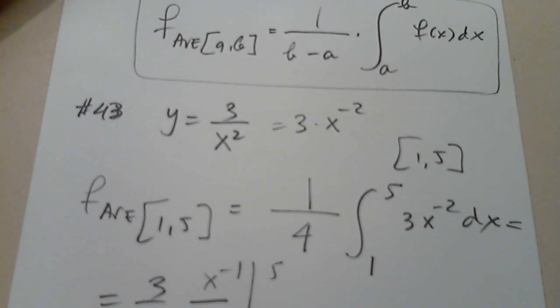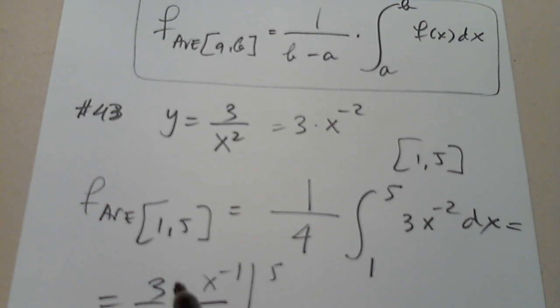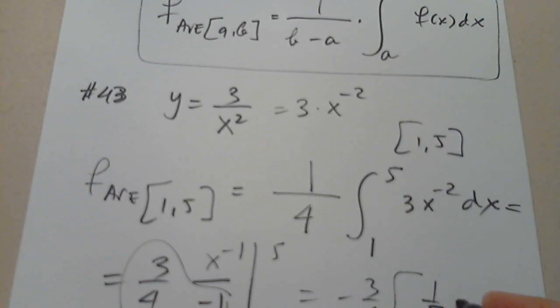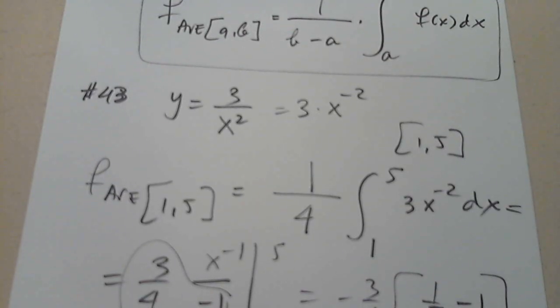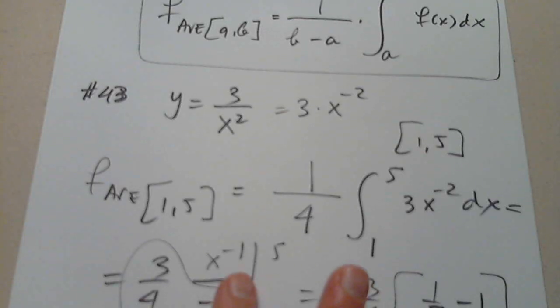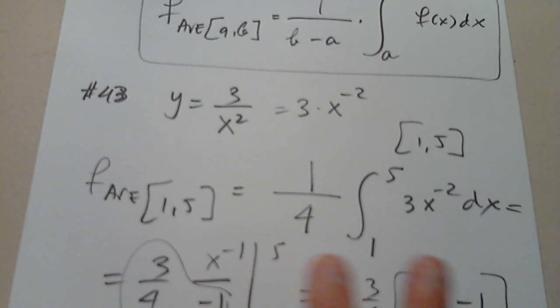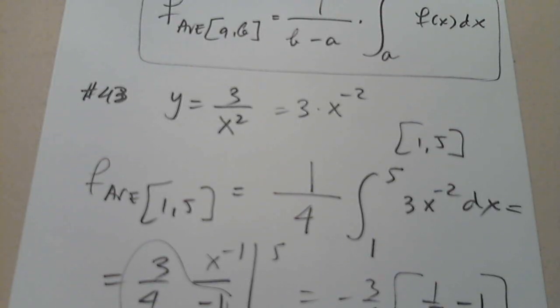So how do I proceed? Well, take these outside, like negative 3/4. Plug in 5, which is 1/5 minus 1. So now I have to go back to 1 over x. So 5 plugged in 1 over x is 1 over 5, and when I plug in 1, I get 1. I have to continue.